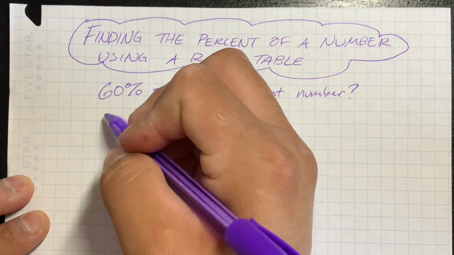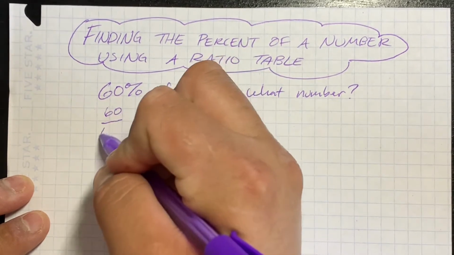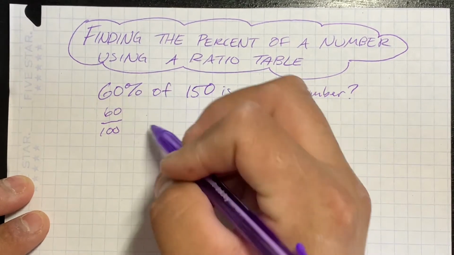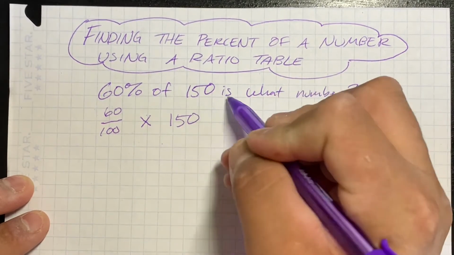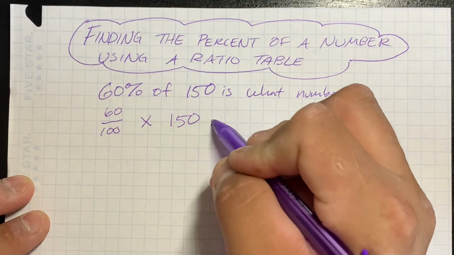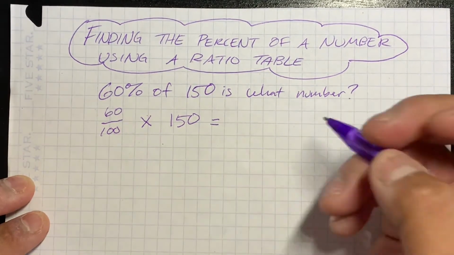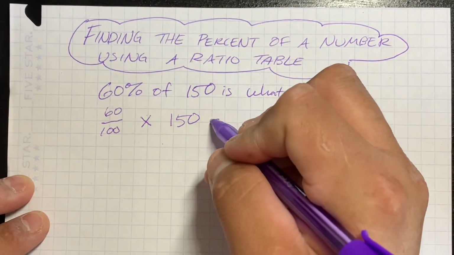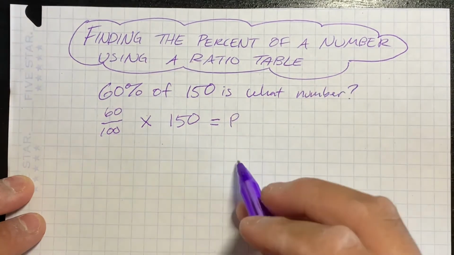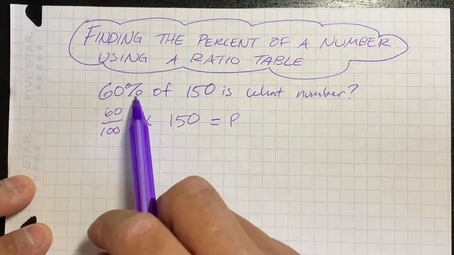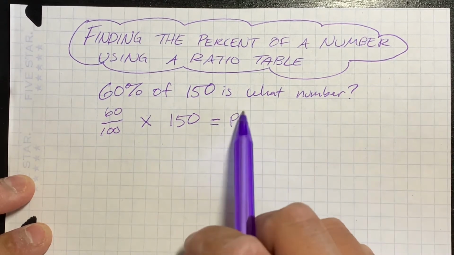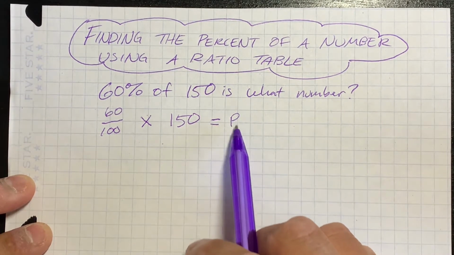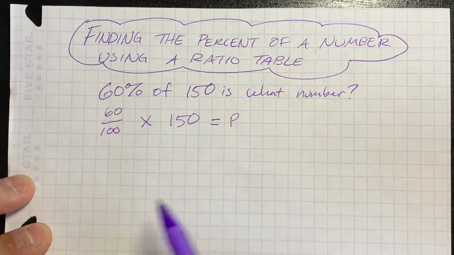So 60 over 100. Now of tells you to multiply, 150. The word is tells you that's an equal sign. What number? Well, we'll just say P for the product. So we put the variable P for the unknown number.